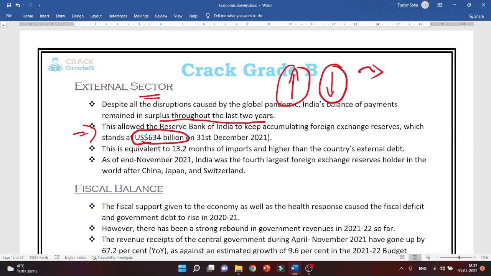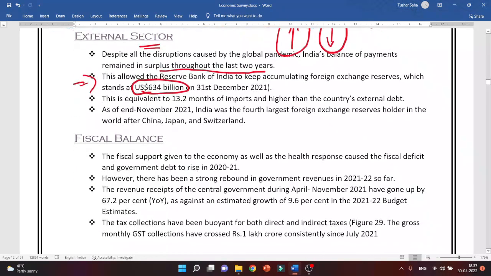So that's the reason. Then, this is equivalent to how much? This is equivalent to 13.2 months of imports and higher than the country's external debt. Okay, means whatever debt we have, it's higher than that, and 13.2 months of import.